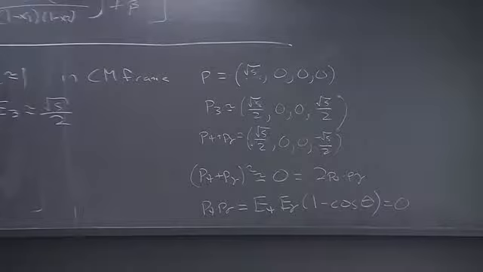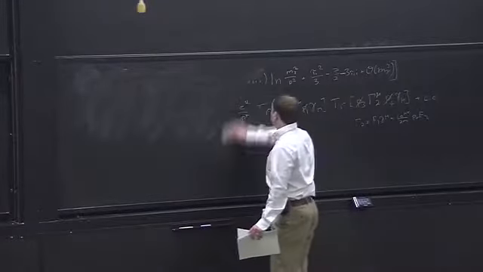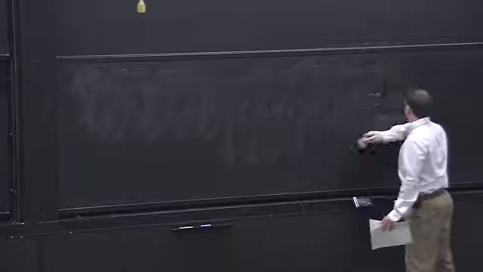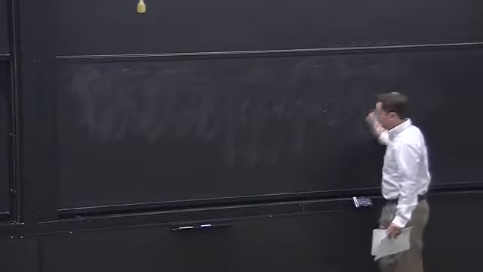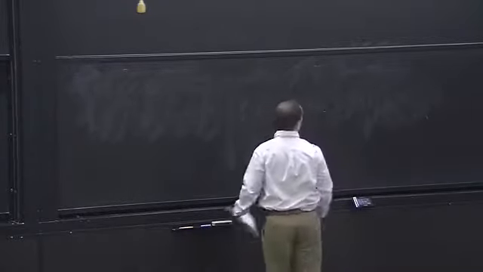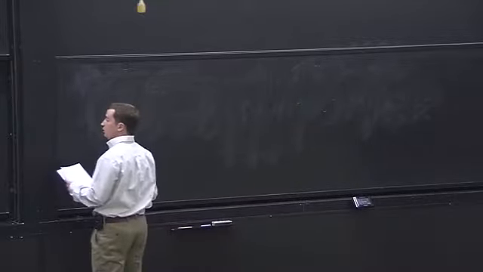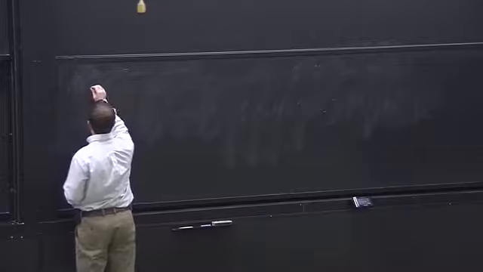And if we looked at the region where x1 was near 1, we'd find the same thing, that either E3 or E gamma would have to be 0, or the angle between E3 and E4 was 0.